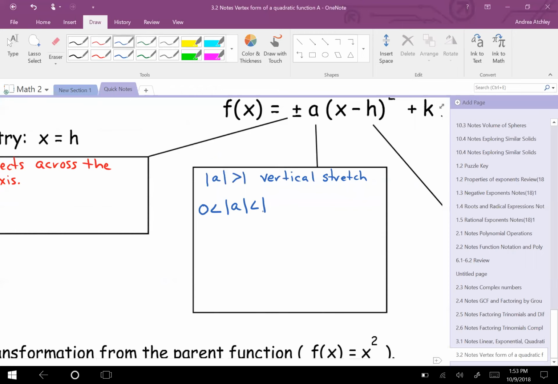Decimals, fractions, okay? So that means if a is a fraction, that is a vertical shrink.